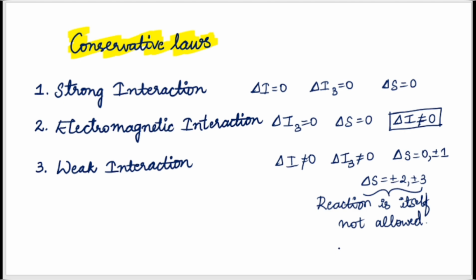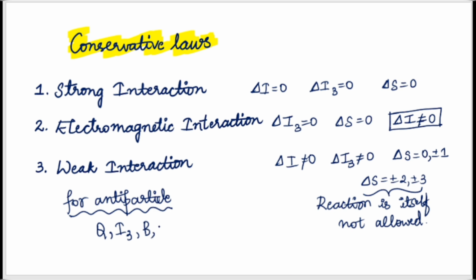For antiparticles, the charge Q, the third component of the isospin, the baryon number, the lepton number and the strangeness all change. For the electron the charge is minus 1, and for the positron it is plus 1, like that.